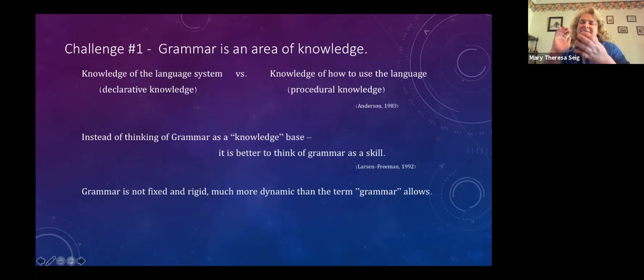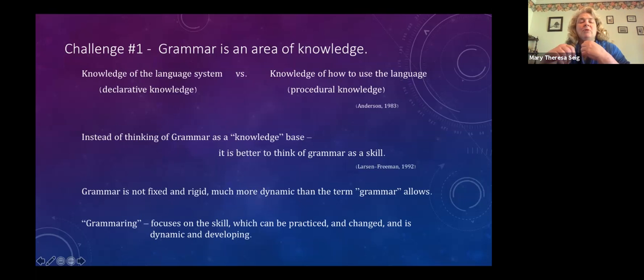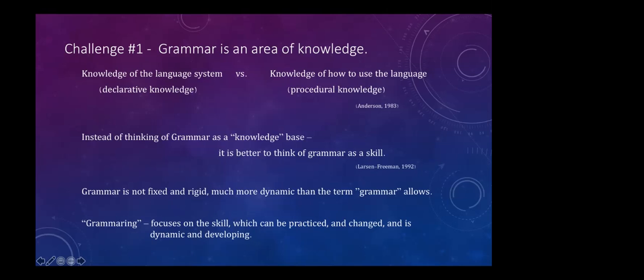It's not a set of rules and exceptions that you can put on a piece of paper and memorize. It's much more dynamic than the term grammar allows. And so Larsen-Freeman suggests the word grammaring, which focuses on grammar as a skill, which can be practiced, can be changed, and is dynamic and developing. So we're going to explore that just a little bit.